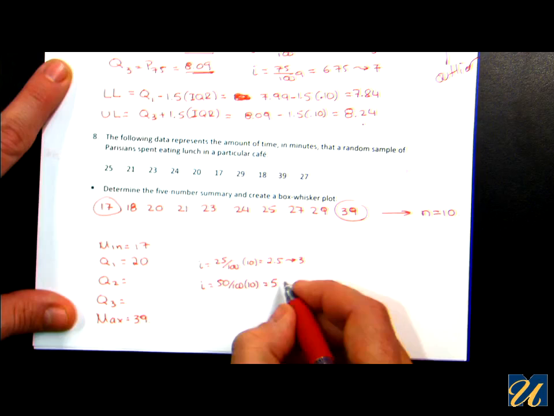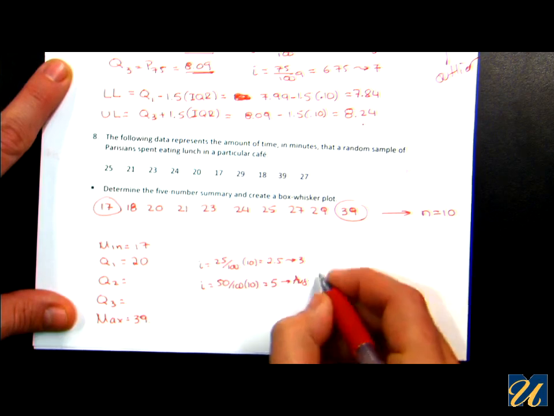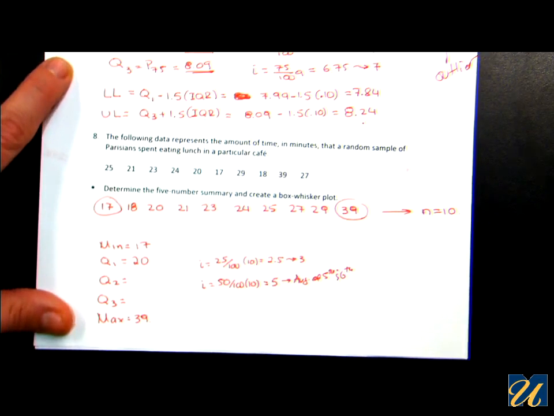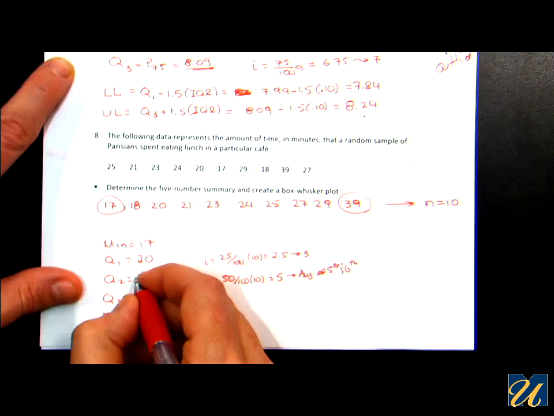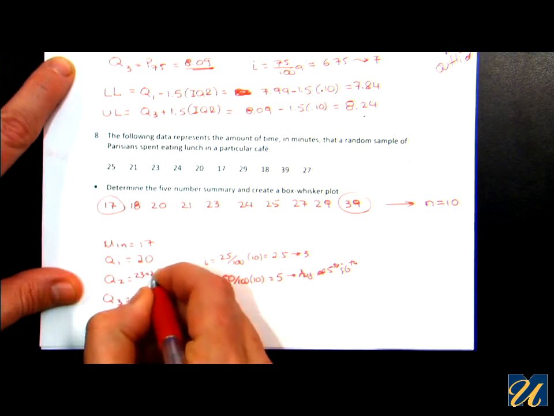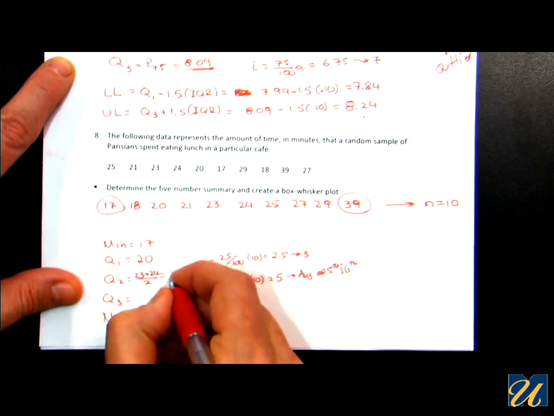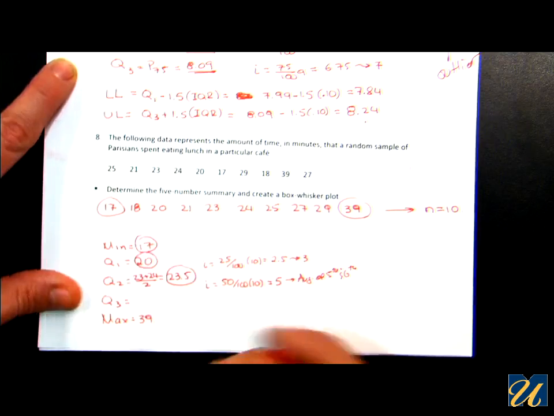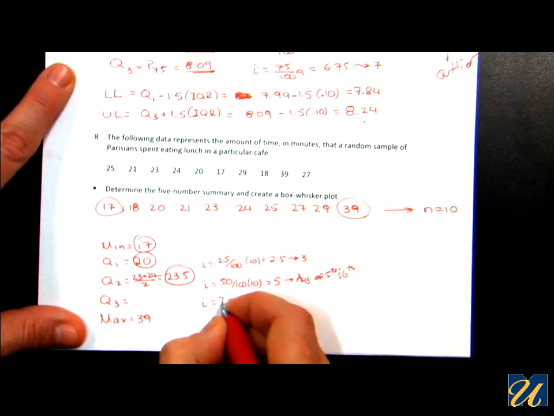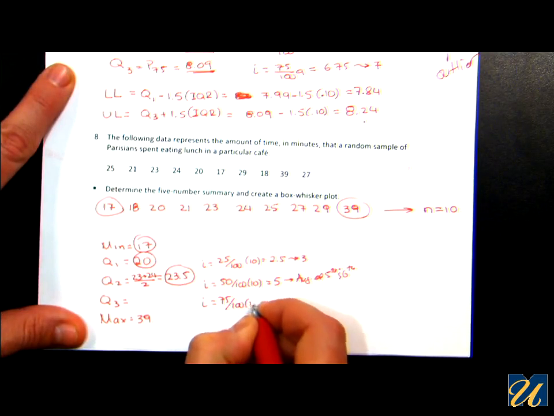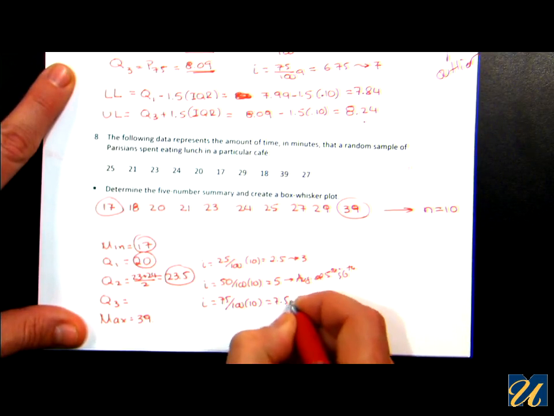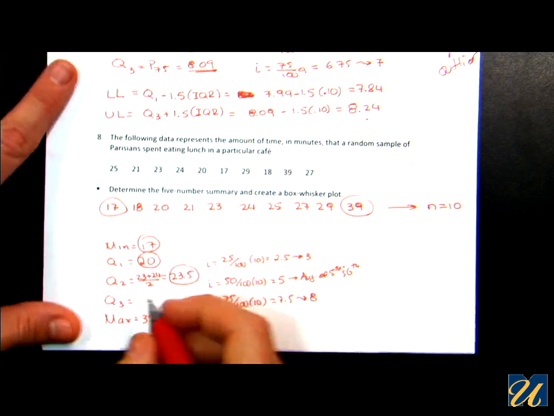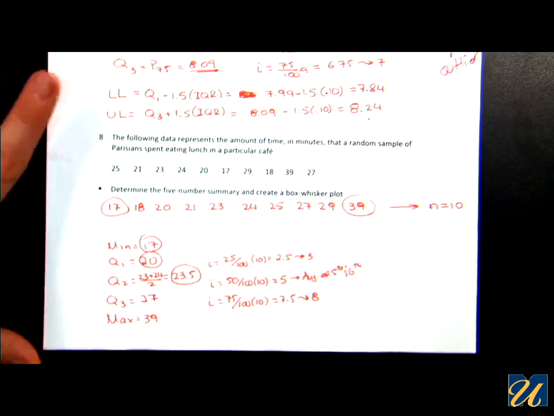That means I take the average of the 5th and 6th ranked observation. So Q2 will be equal to 23 plus 24 divided by 2, 23.5. For Q3, 75 over 100 times 10, 7.5. I round up to 8, and I take the 8th ranked observation, which in this case is 27.